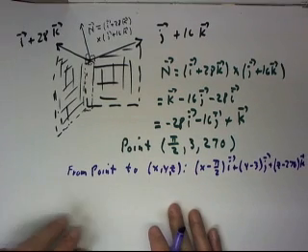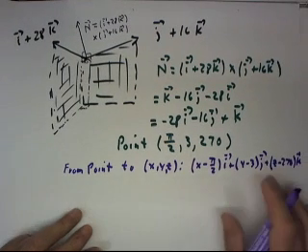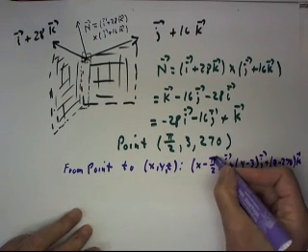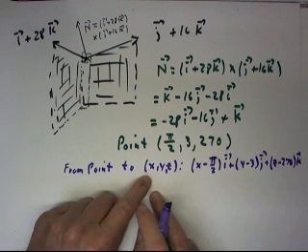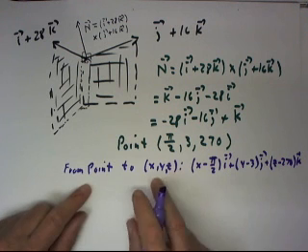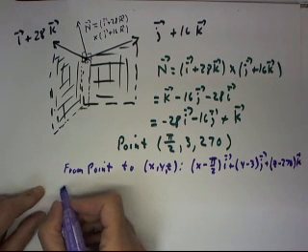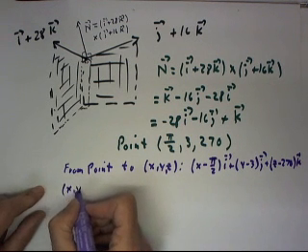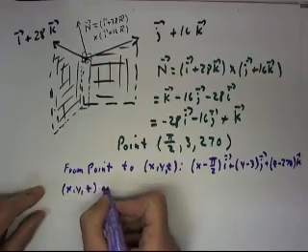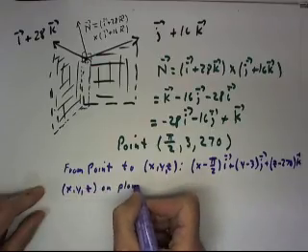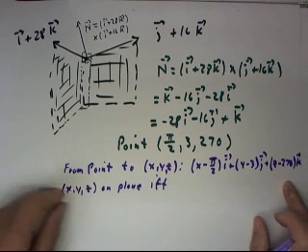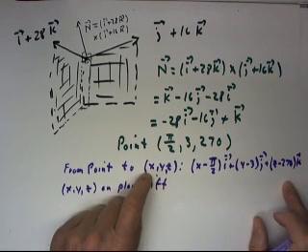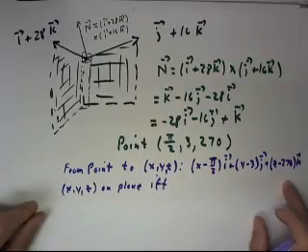Let's see if we can get the paper over here, we can see that. But what we're doing here is very straightforward. We're just taking the vector from the point to a point xyz, and xyz is on the plane if and only if this vector from the point to xyz is perpendicular to the normal vector.